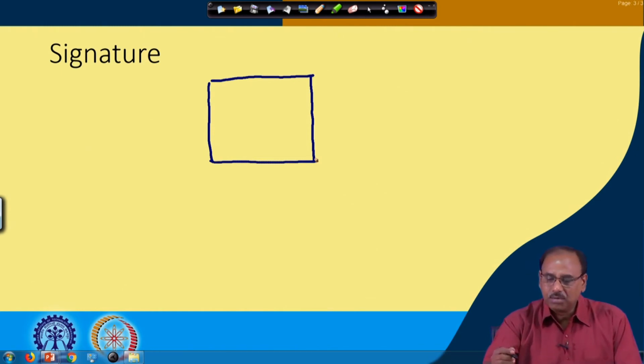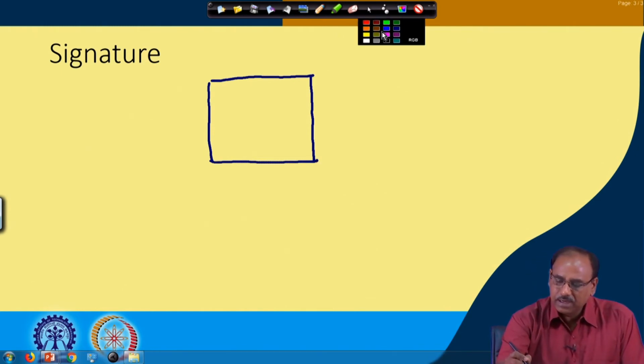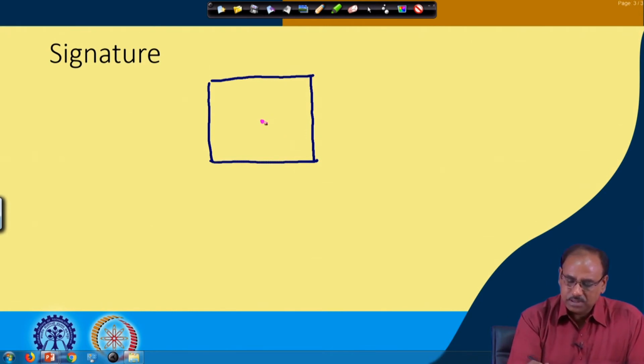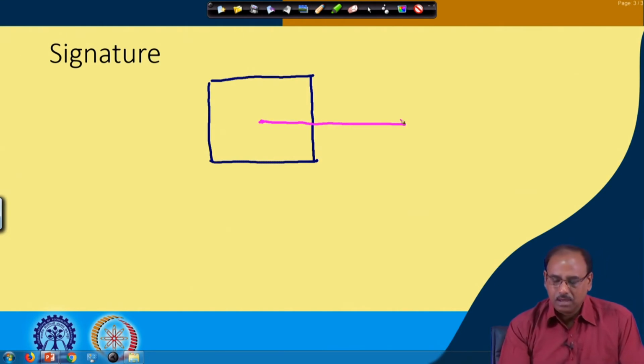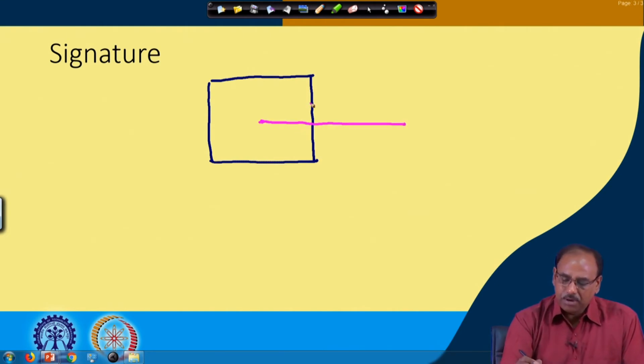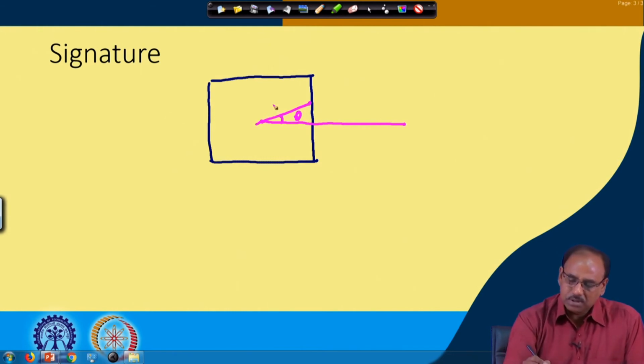So, let me assume that my reference line is this. So, this is the centroid and my reference line is this one. What I do is I compute the distance of the boundary point from the centroid which is oriented at an angle theta from the reference line, and suppose this distance I call d theta.